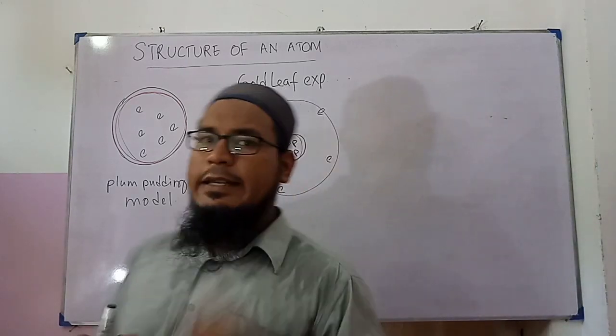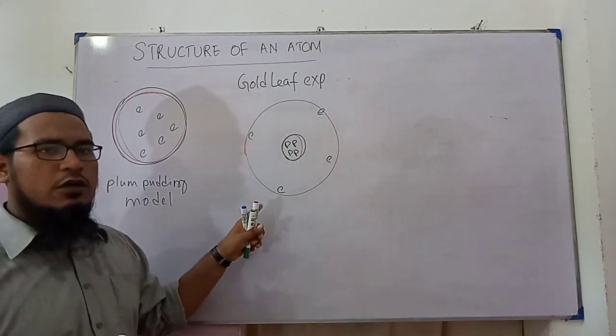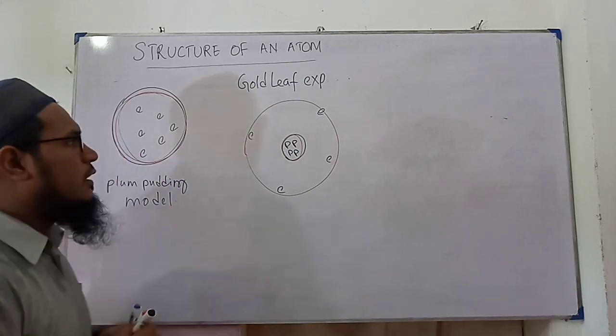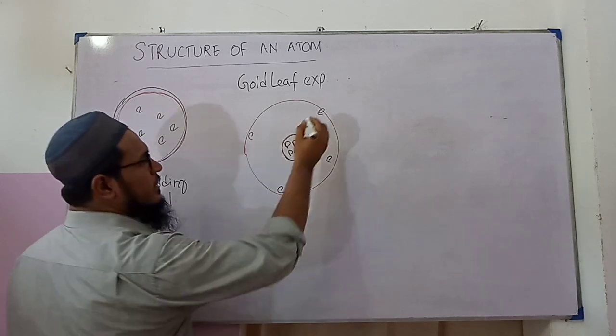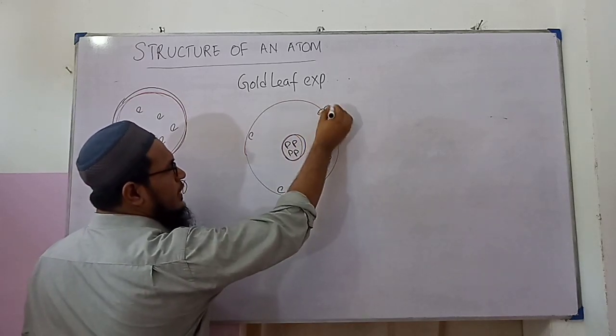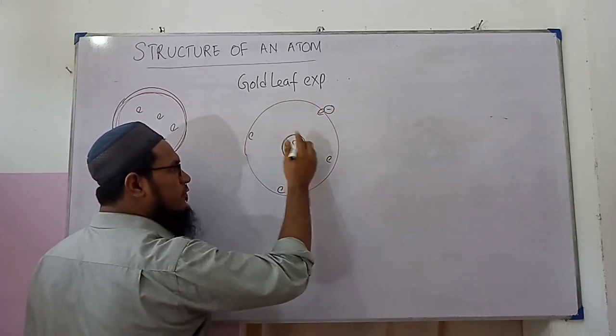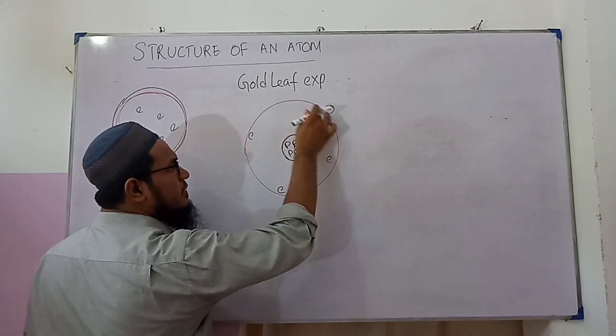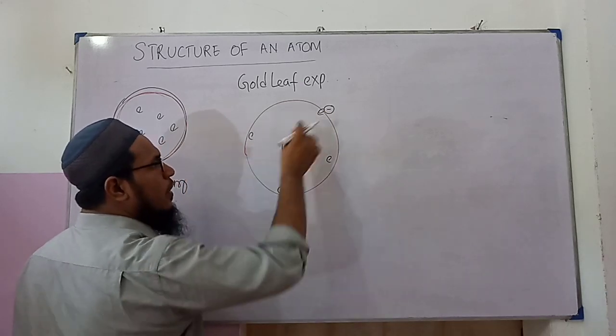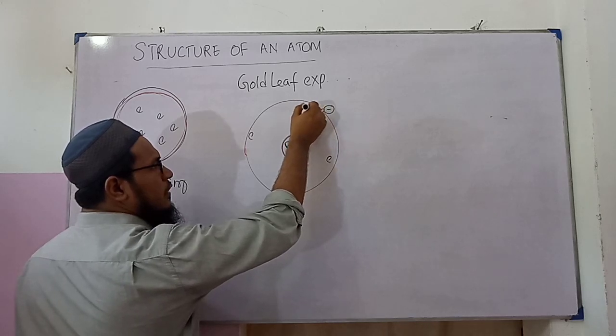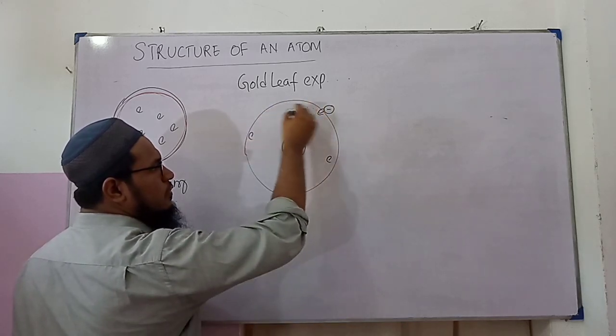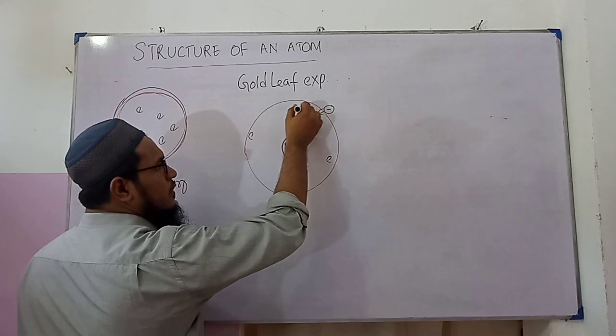So later on, even this model was disproved because of the scientists' argument: if this is a negative particle and this is filled with positive particles, and if this is just moving and rotating around the proton, what happens?